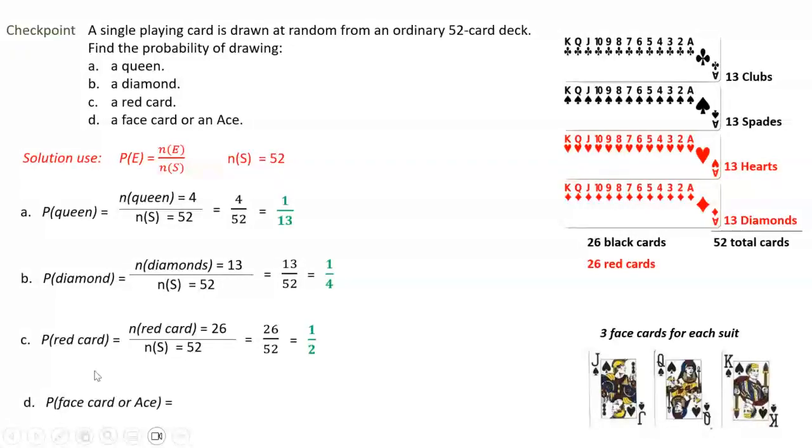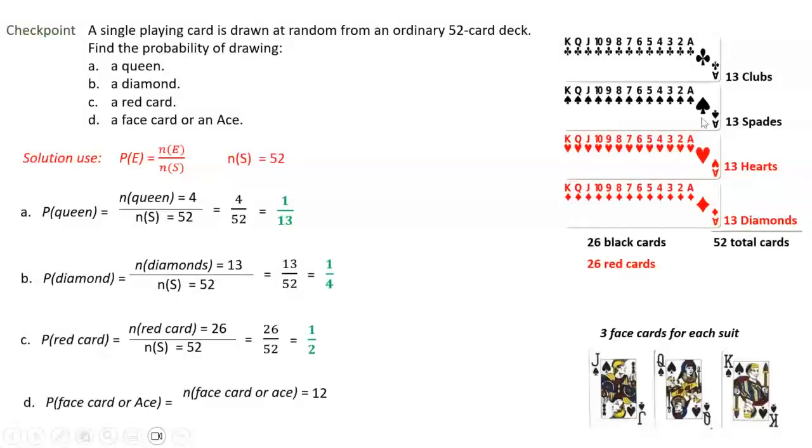Now for part D, the probability that it's a face card or an ace. If we notice, there are 3 face cards for each suit. So there are 3 diamonds, 3 hearts, 3 spades, and 3 clovers. So 3 times 4 will give us 12. So there are going to be 12 face cards, right? Or an ace. And there are also going to be 4 aces. There's 1 ace for each suit.